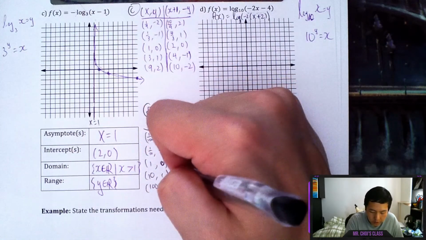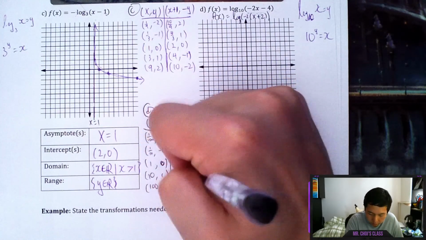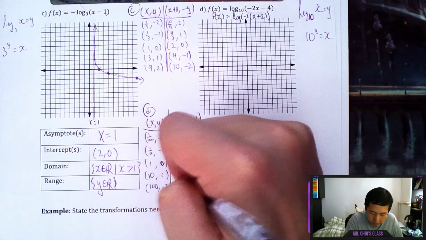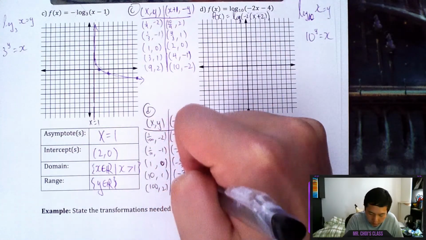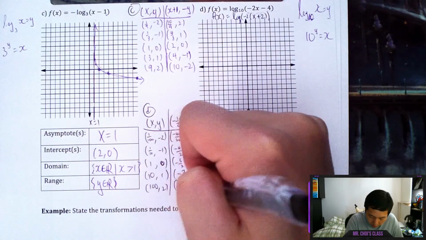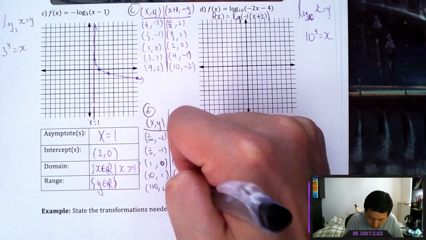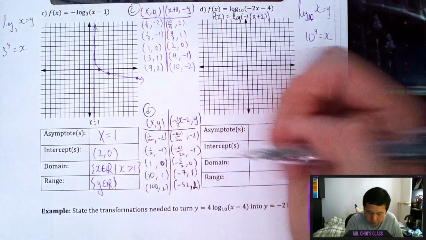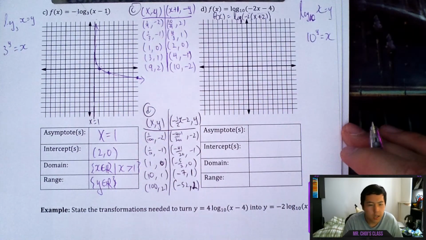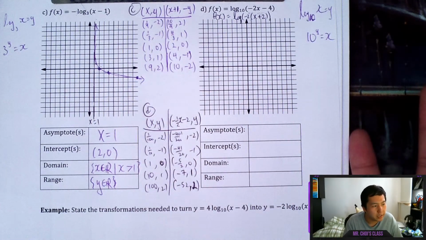And then this one is negative 7 over 1, and then negative 52 over 2. Okay, so there's our values. We can really only plot like 2 of these points to be completely accurate.